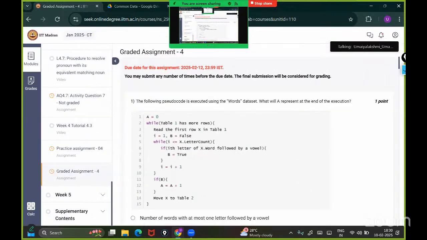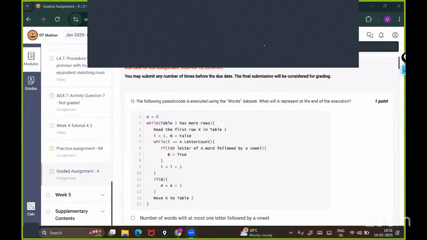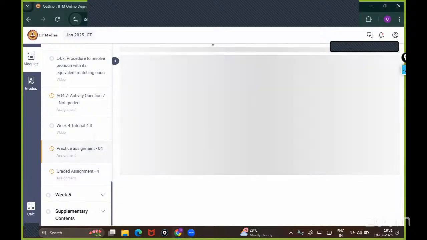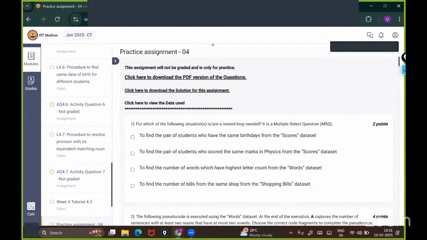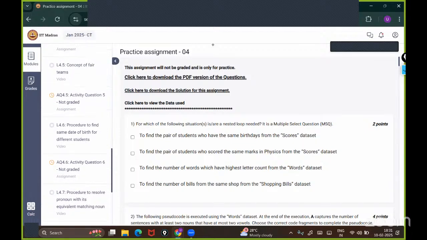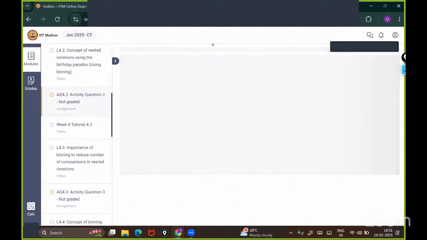I could see one person has asked this. No, I'm asking question number 5 of the activity assignment. Which activity? Activity 4.2, question number 5.